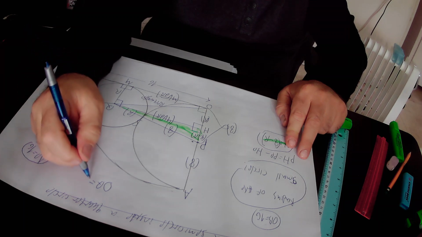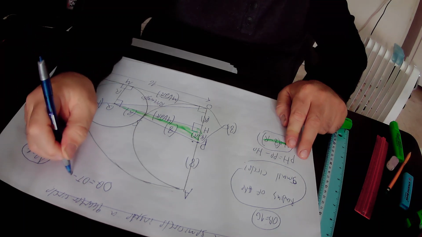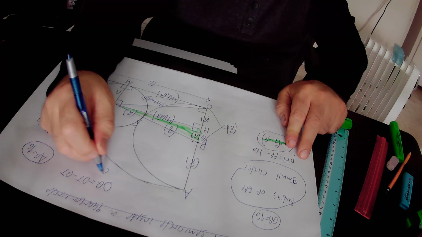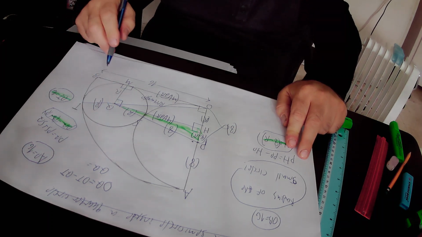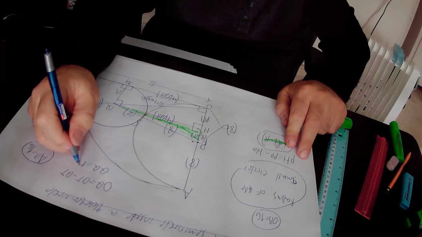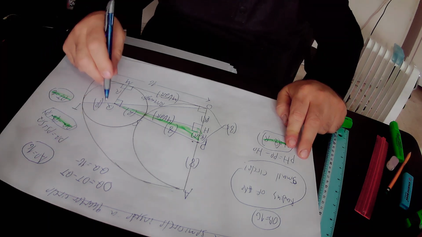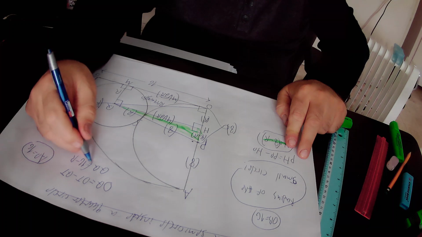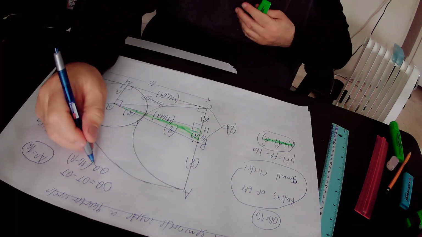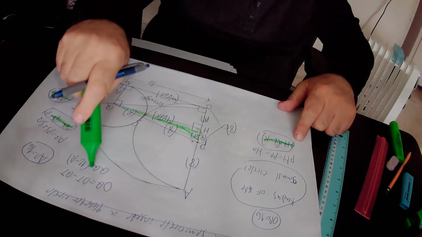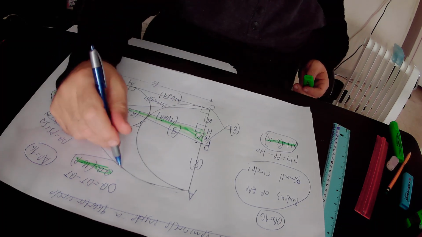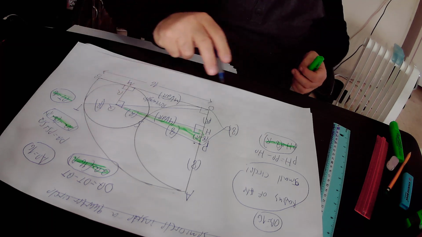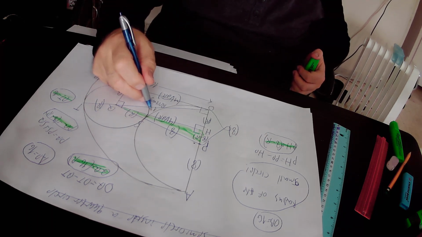So OQ equals OT, that is 16, the radius of the quarter circle, minus QT. QT equals R. So in total, OQ equals 16 minus R units in length. So I write it down here: OQ equals 16 minus R.